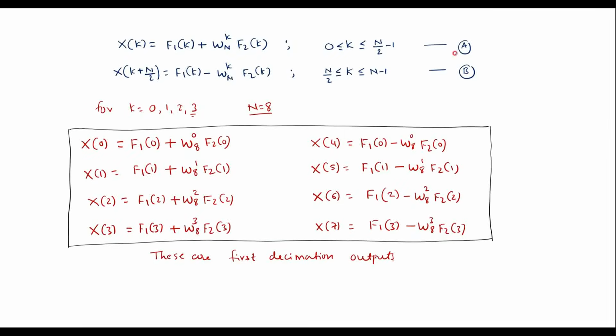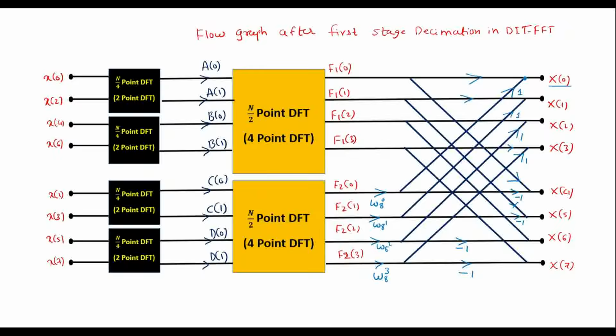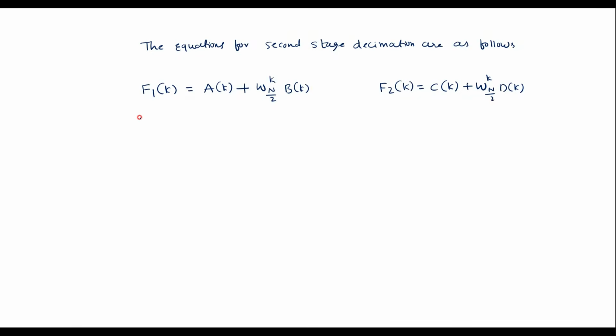So now, like equation A and equation B, where it was n-point DFT, now I can write f1 of k plus n by 4 is equal to a of k minus w n by 2 power k b of k.